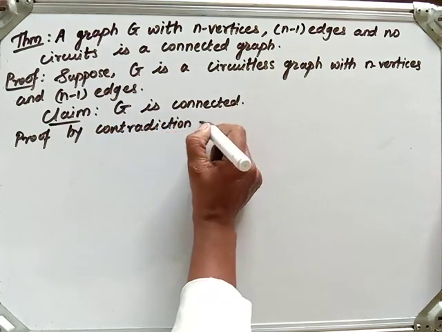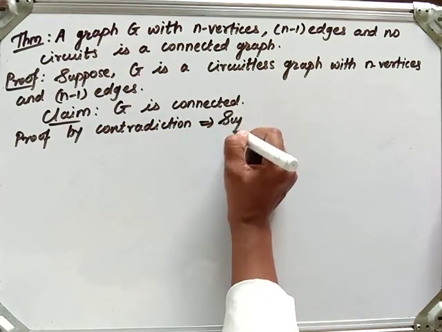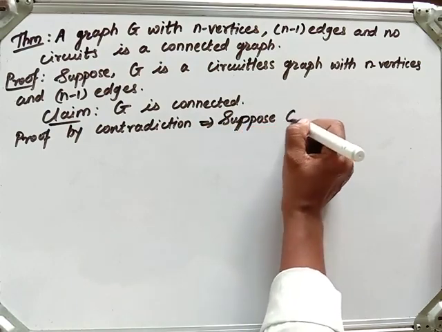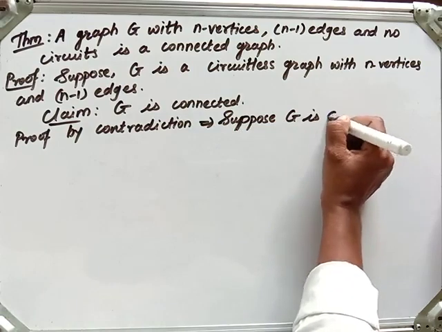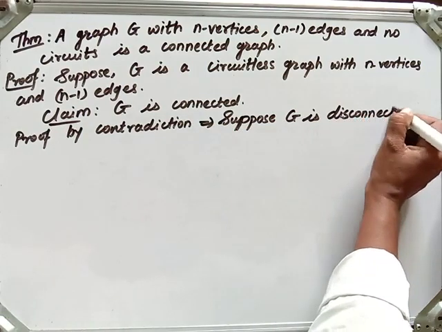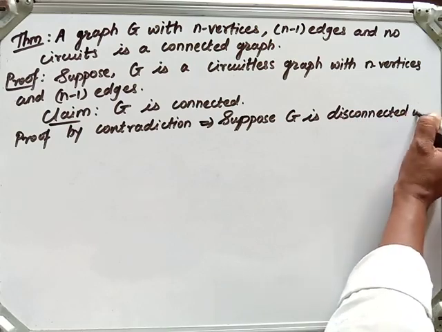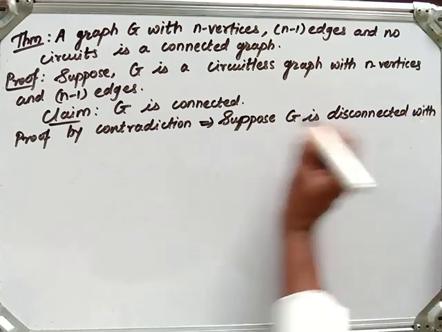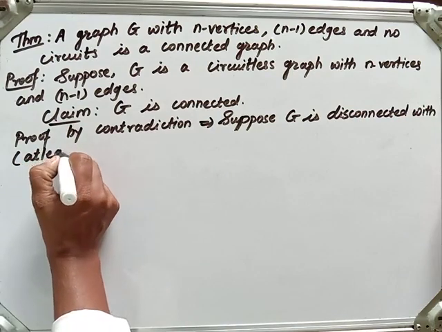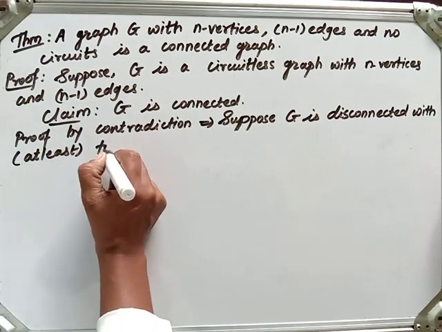So on the contrary, let's assume, suppose G is disconnected with at least two components.